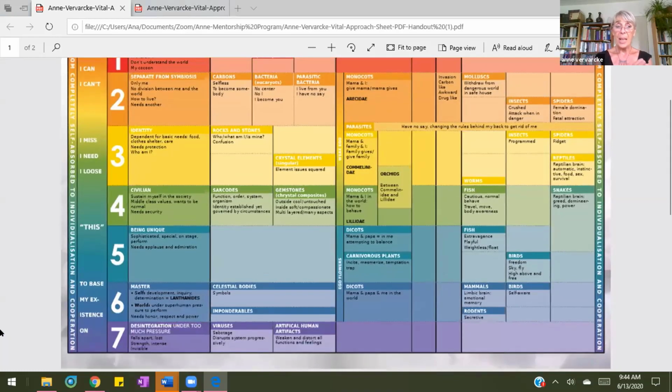And the sixth will be about can I perform, and can I live up to my standards? And the standards of the sixth row are very, very high. They are, let's say, superhuman high. So they put themselves under enormous pressure, but still it's always I, me, and mine. It's what is important for them.